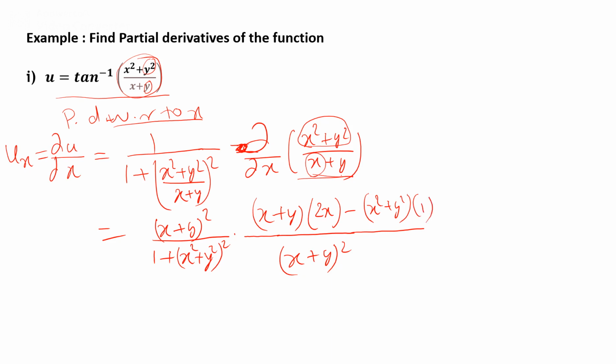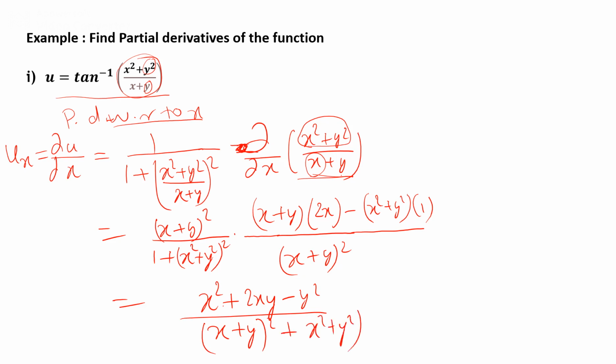And if you simplify that equation, you can get something like x square plus 2xy minus y square upon... right?